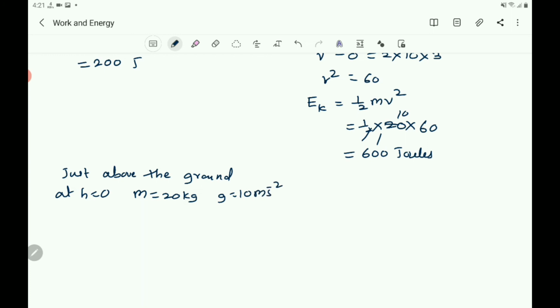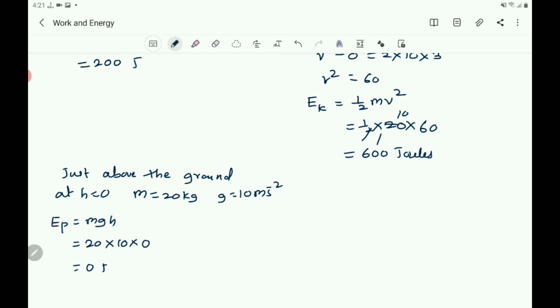So here EP is equal to m into g into h. m is 20, g is 10 and h is 0. So it becomes 0 joules.